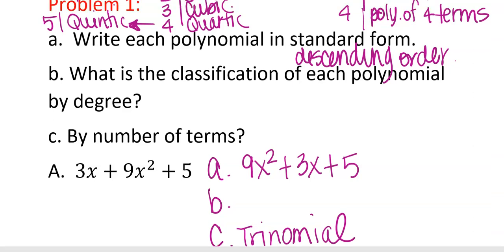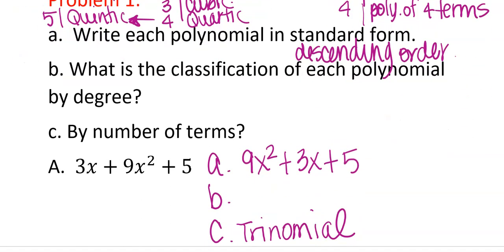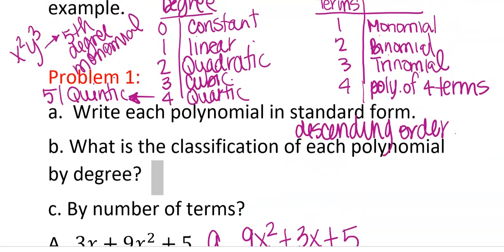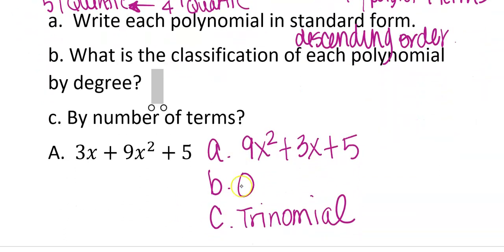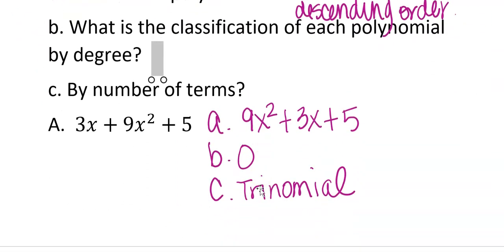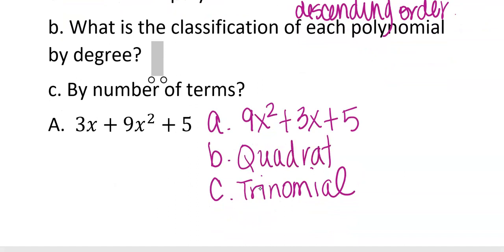So what do you call that? Quadratic. Okay, so I'm just flipping back up to my list that I made. That would be a quadratic. So if you were going to name this one, it would be a quadratic trinomial. They always do the highest exponent part first, the degree, and then they do the number of terms after that.